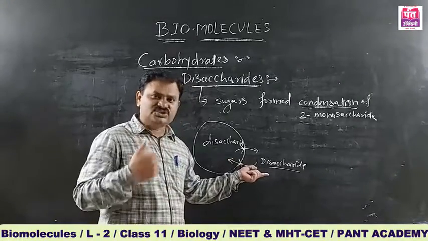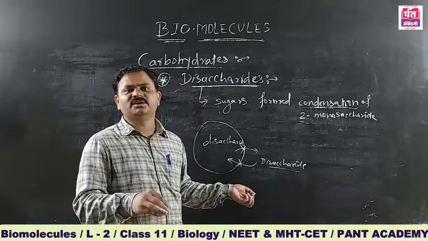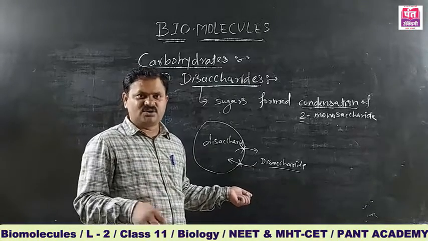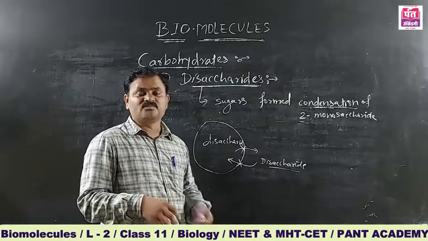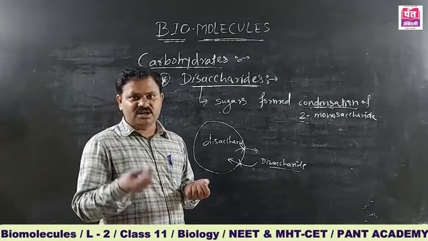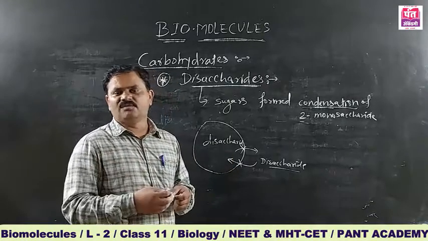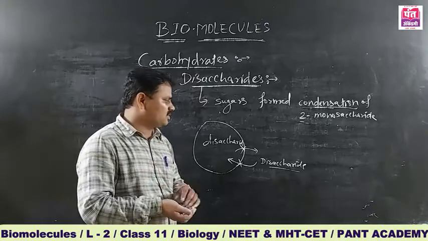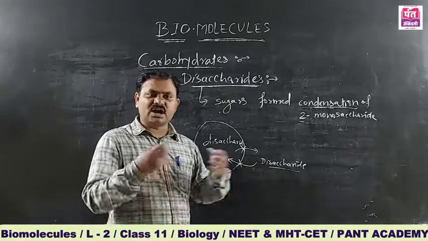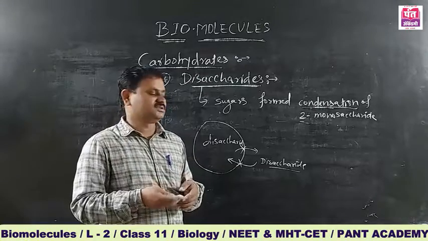How are these disaccharides naturally found in the different kinds of plants? They are natural sugars. Monosaccharides can't be found naturally as free sugars, but disaccharides are naturally found sugars, and therefore these naturally found sugars are available for eating by different kinds of animals.